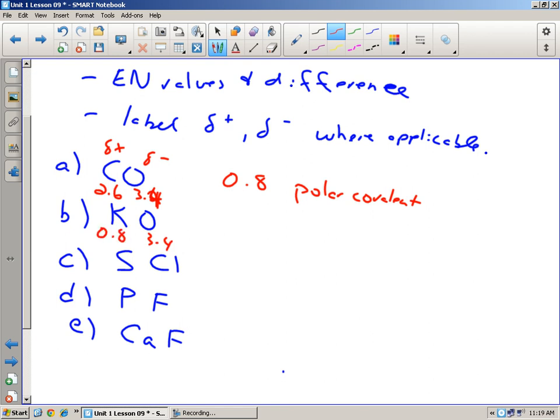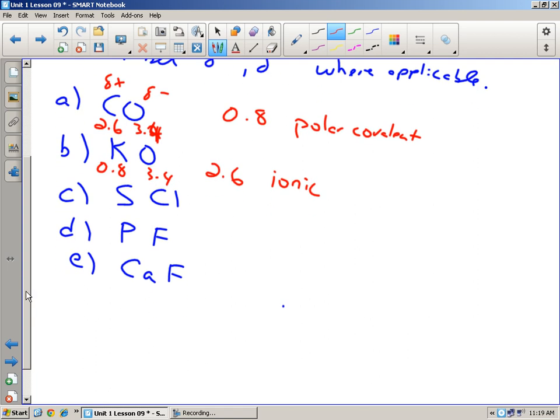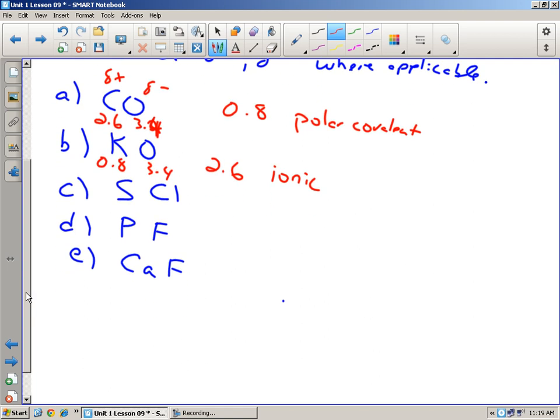So we're looking at a difference of about 2.6, and that's most certainly ionic. Pretty strong ionic. We wouldn't put a partial negative, partial positive, because there would be that transfer of electrons. The O would be taking electrons from potassium basically.